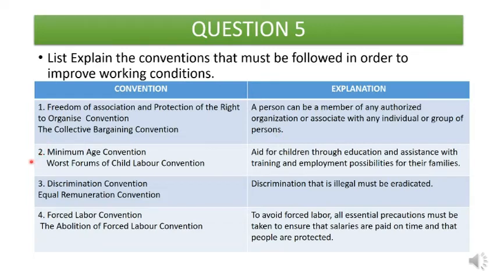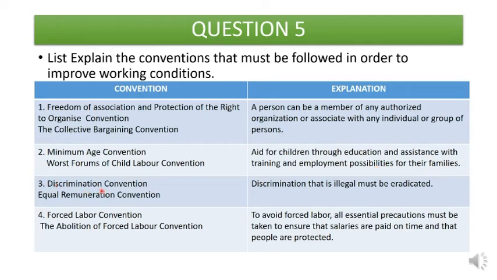Okay, we move on to the next one. Minimum age convention. Worst forms of child labor convention. Aid for children through education and assistance with training and employment possibilities for their families.